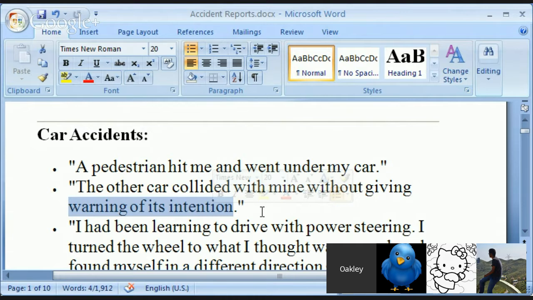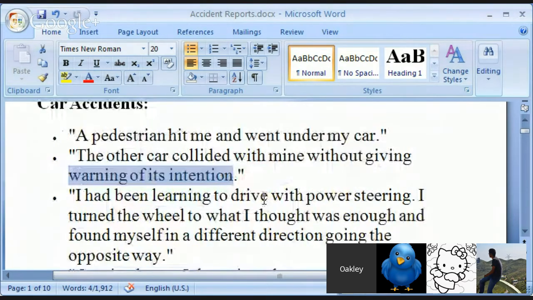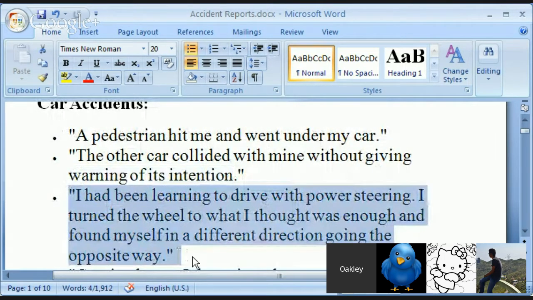Right. How would you warn somebody I intend to collide with you? What are you going to do, point at them and point at your car? Here I come. I'm going to hit you. I don't know. Yeah, pointing. Here I come. All right. Well, okay. Crazy.